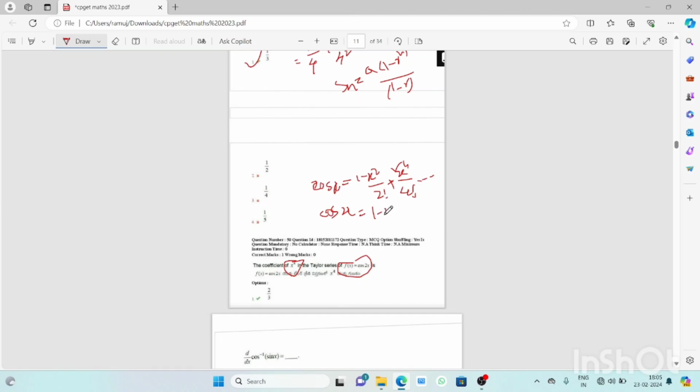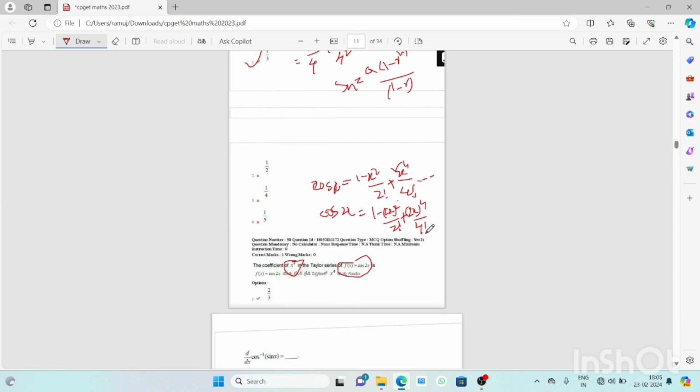So we get (2x) square divided by 2 factorial, and (2x) power 4 divided by 4 factorial.